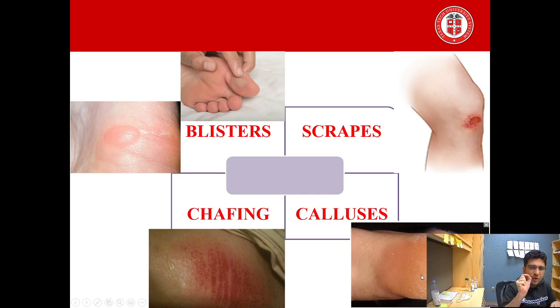If it's very small, it is sometimes said to be a corn, and the treatment is the same actually.